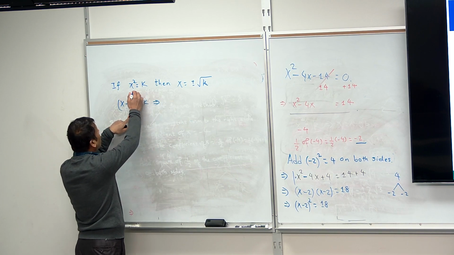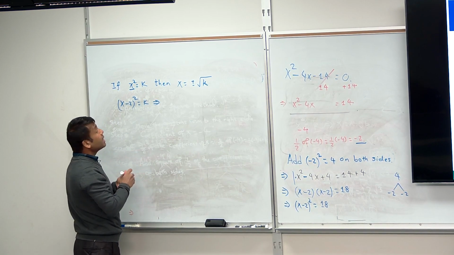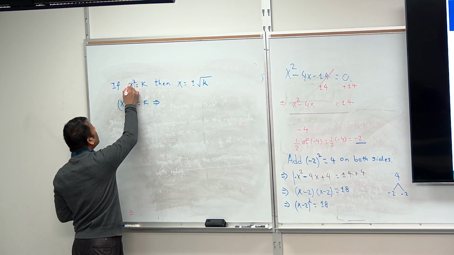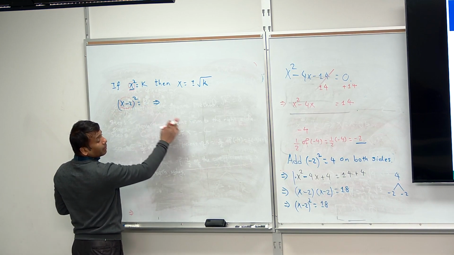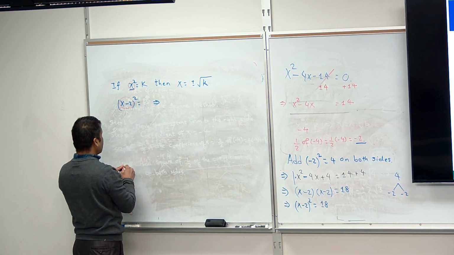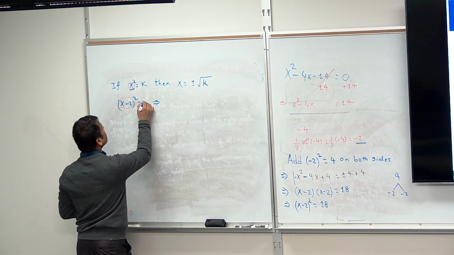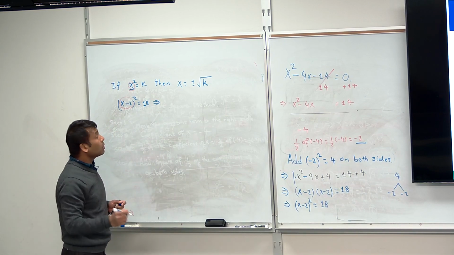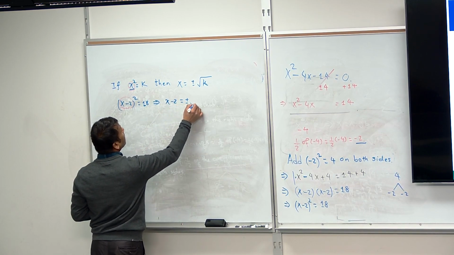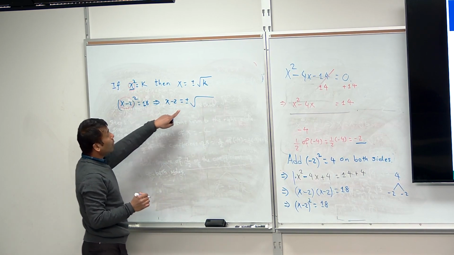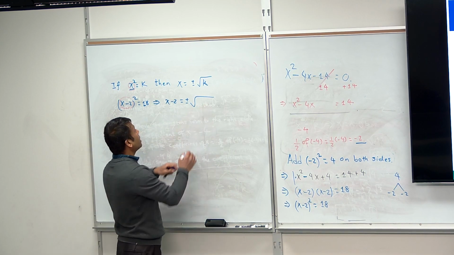You apply this, okay? In place of x, what do you have here, guys? x minus 2. And in place of k, I'm sorry, this is 18, right? So x minus 2 squared equal to 18. So now x minus 2 equal to plus or minus radical, what will be under the radical sign? 18.